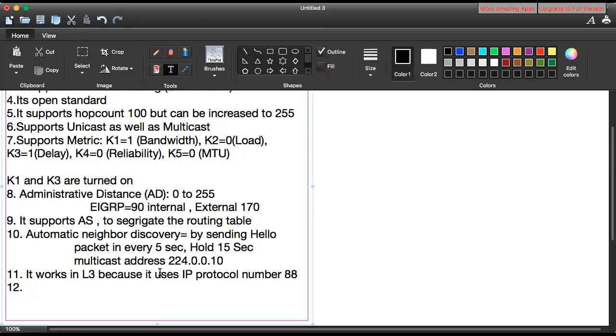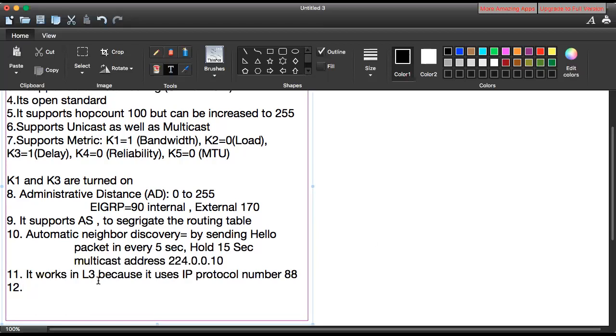Otherwise, for example, if it is OSPF, the protocol number would be 89. For BGP and RIP, the field would be there, but it would be empty.